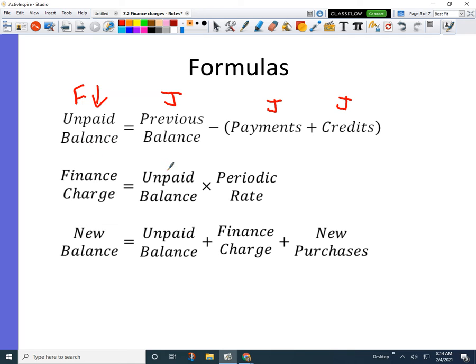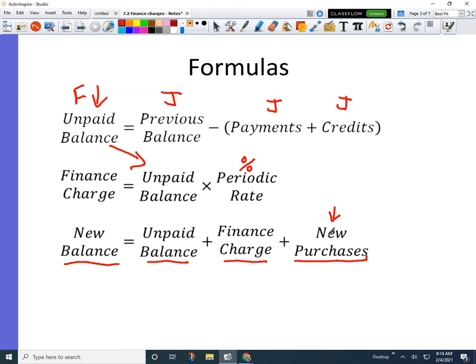That is that unpaid balance times your percentage that we just talked about. So whatever you calculate here, your balance minus any payments and credits, that's what you're going to take times your percent. Then to get your new balance starting the new month, you're going to add up your unpaid balance, that finance charge, and any new purchases you make. You won't pay a finance charge on these purchases until the following month.